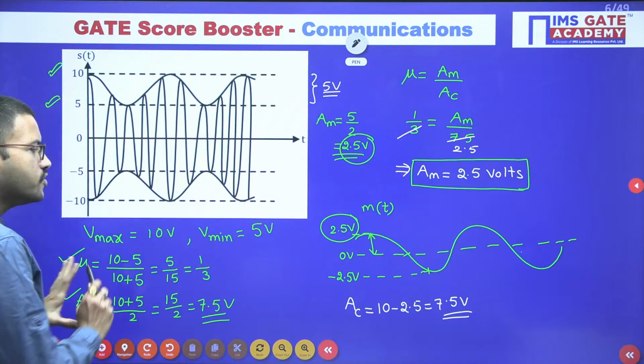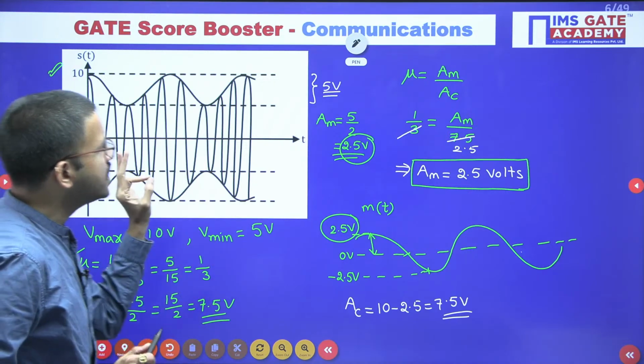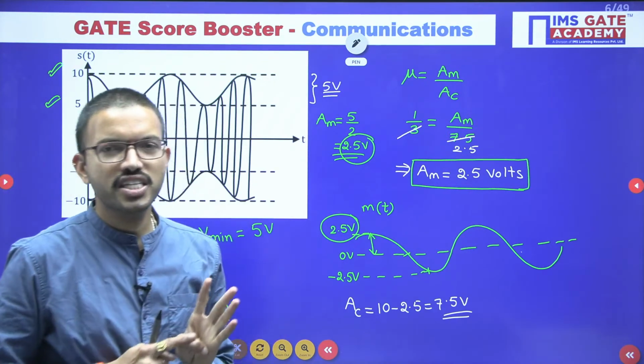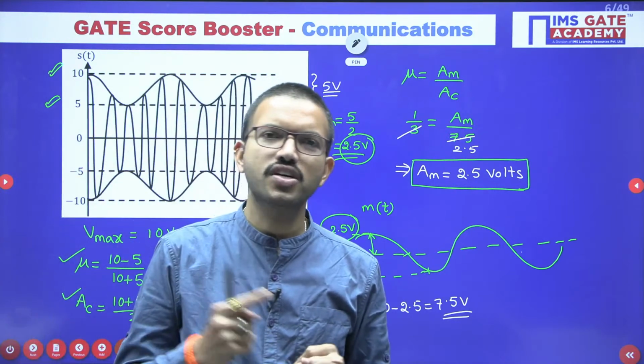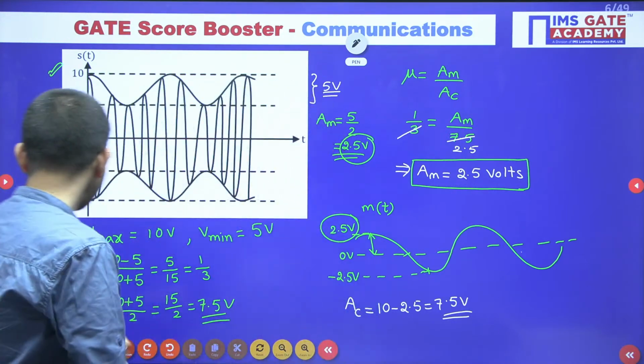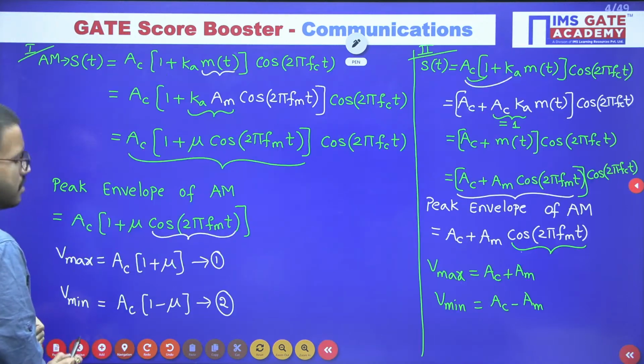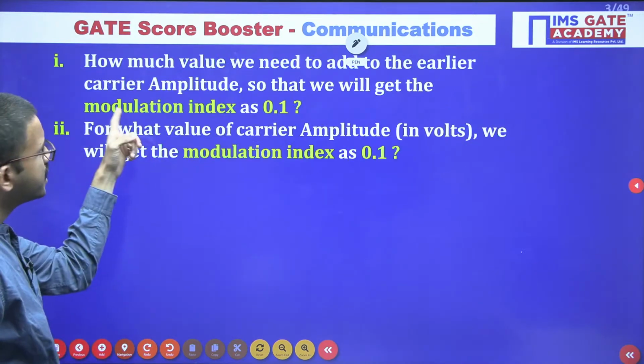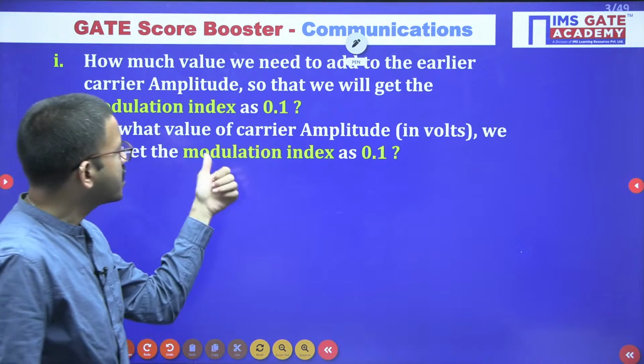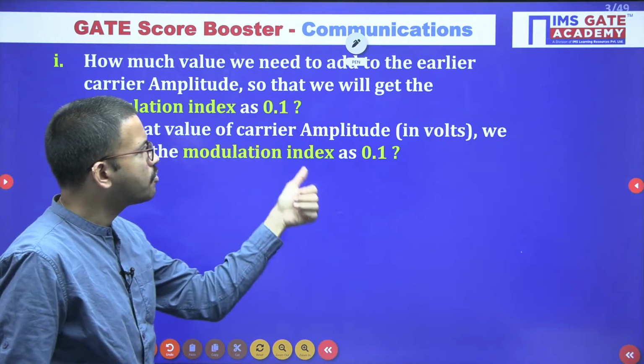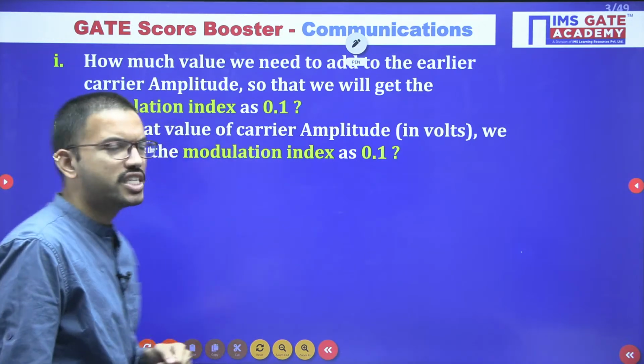Now, whatever we have done is for the given waveform: we calculated the modulation index, we got the AM value and the AC value. Now our requirement, if you observe the question regarding case 1 or case 2, is to get the modulation index as 0.1.